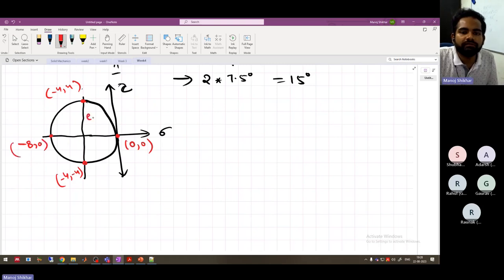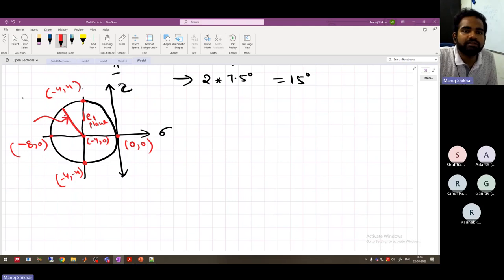This was our E1 plane. And this point was minus 4, 0. We have to move 15 degrees.